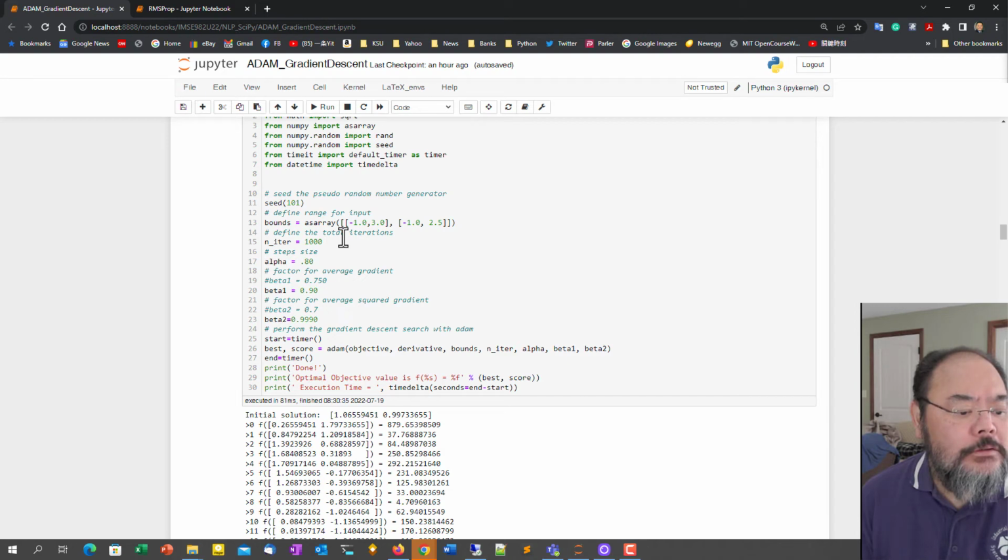For the factor of the first order momentum, we're using 0.9 as suggested. And for the factor of the second order momentum, I'm using 0.999 as suggested by the literature.